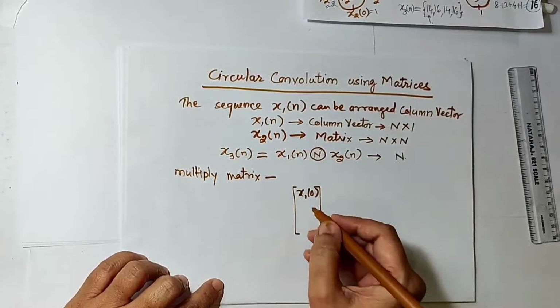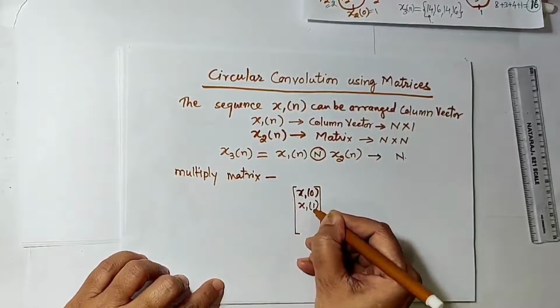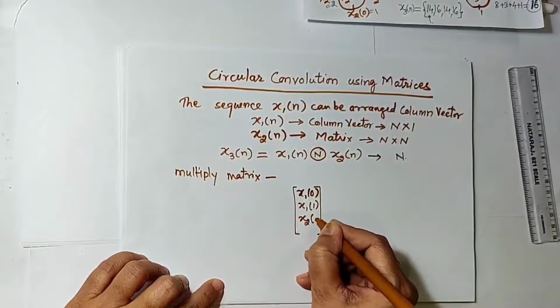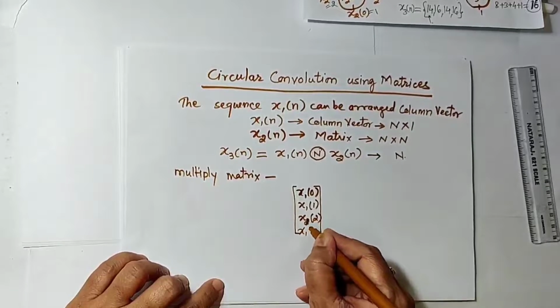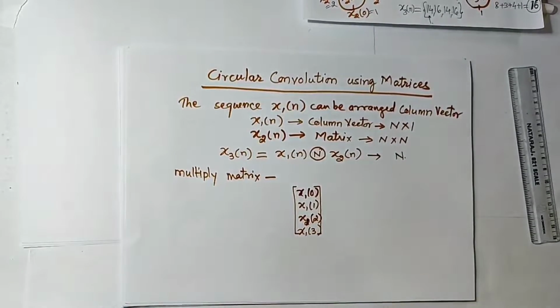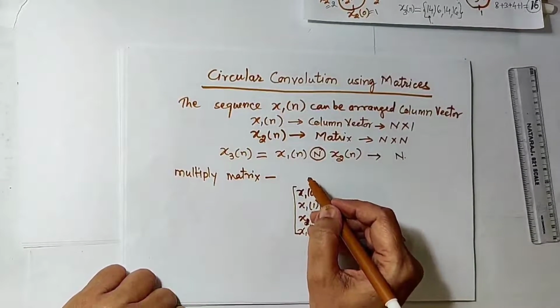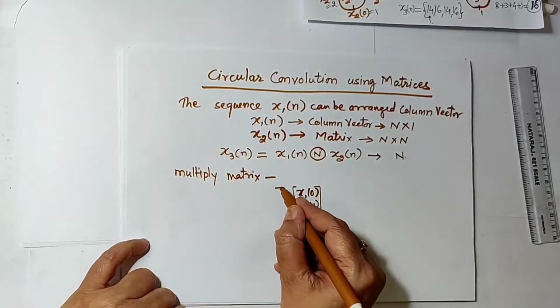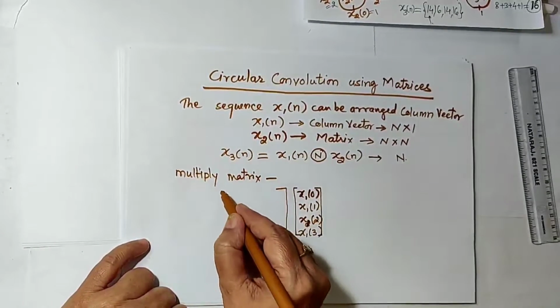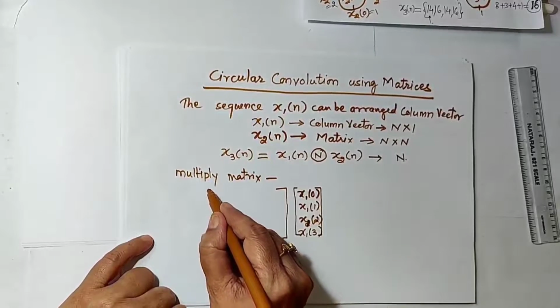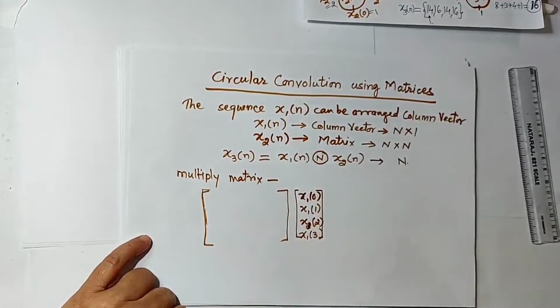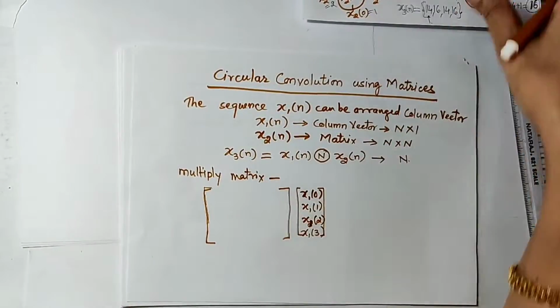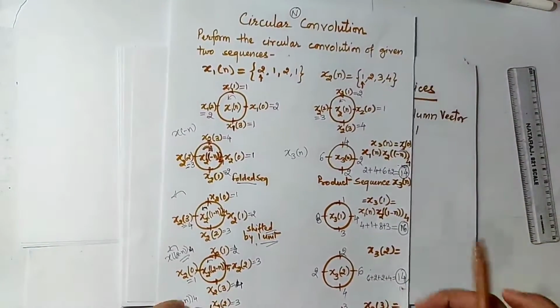x1(0), x1(1), x1(2), x1(3) is the x1 value. Here we take the values of x2 which we shift by a unit value. What was the first step?